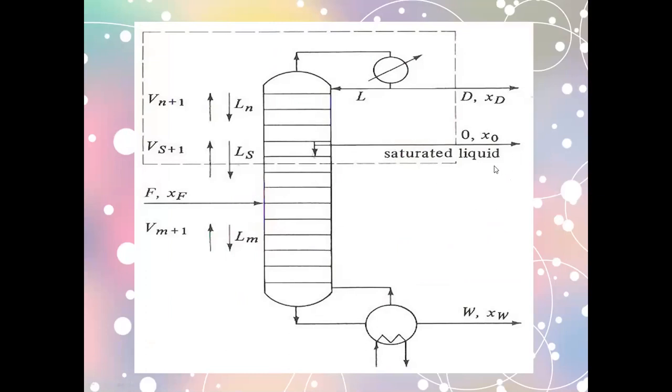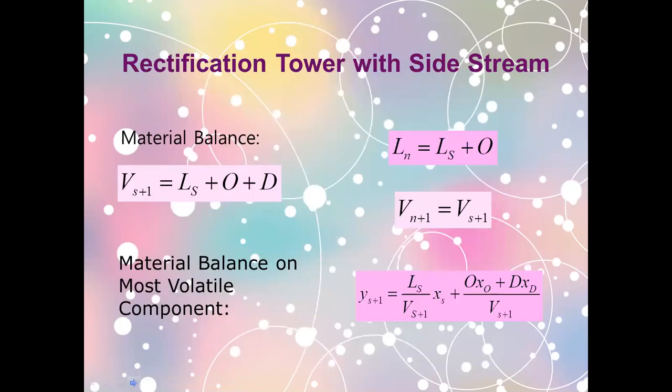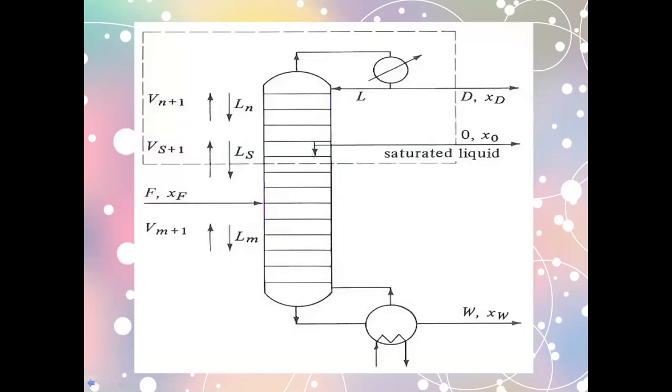So in this case, your overall material balance will be, of course, not the simple F equal to D plus W, but this time it will need to account for the other side stream or product, and that's the side stream O. If you do a material balance on the upper portion of the column where the side stream was withdrawn, so it's part of your enriching section, you will have V sub S plus 1 as the sole stream that is entering, and you have three streams leaving.